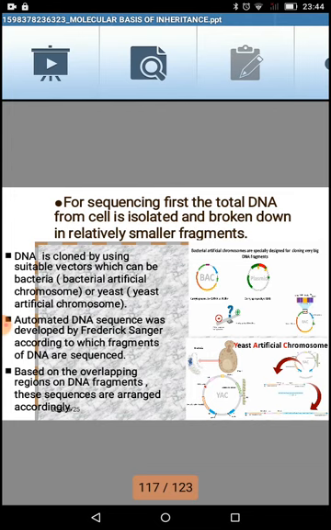If the cloning vector used was a bacteria, that was called bacterial artificial chromosome. If it was a yeast, it is called yeast artificial chromosome. One was a prokaryote, another was a eukaryote.